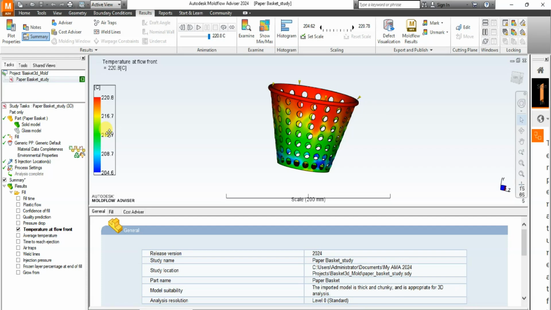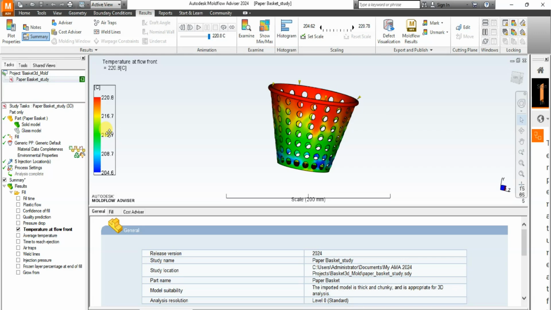Now the colors represent the material temperature at each point as the point was filled. The result shows the changes in the temperature of the flow front during filling. This is very important for you to take note of.